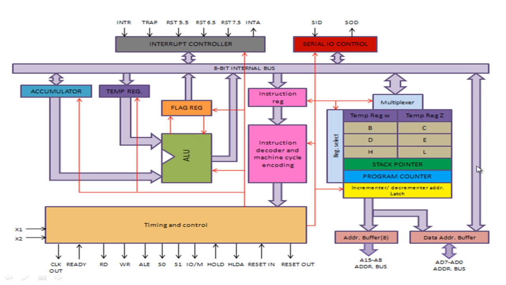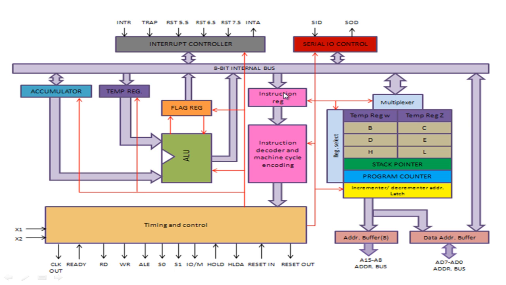But before that, the program counter will be initialized to 0000H. The address will be entered in this line, go to the program counter, then be transferred via this multiplexer to the 8-bit internal bus, and then the data will come to the instruction register.